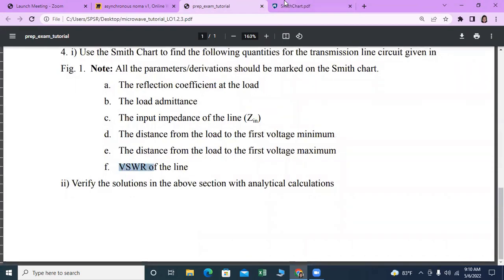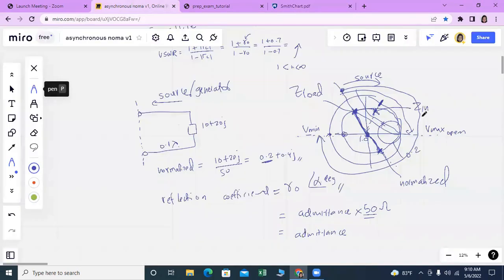The VSWR value you can find using the VSWR scale in the Smith chart at the bottom, or else you can just project the load point towards the horizontal axis, and then you can find the magnitude from the center towards that point, and then you can use the VSWR scale.